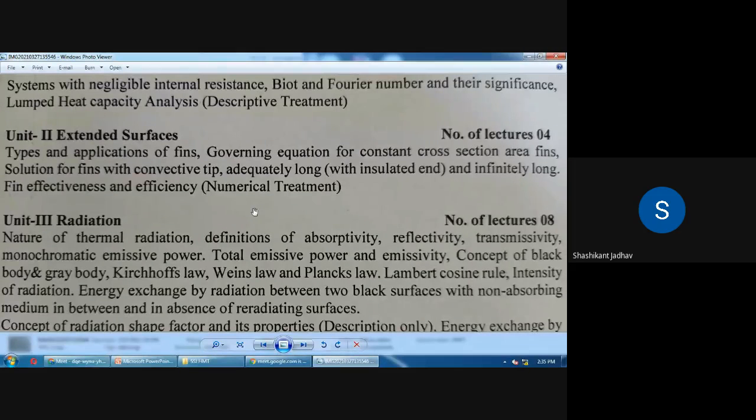Next point, fin effectiveness and efficiency (in brackets, numerical treatment).